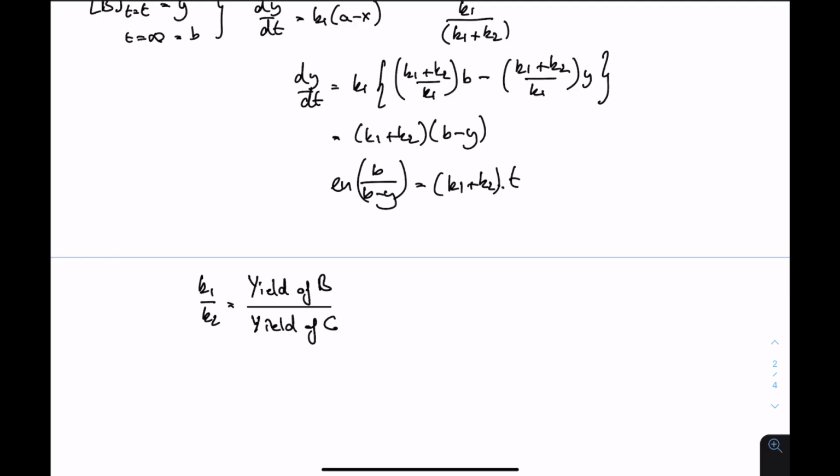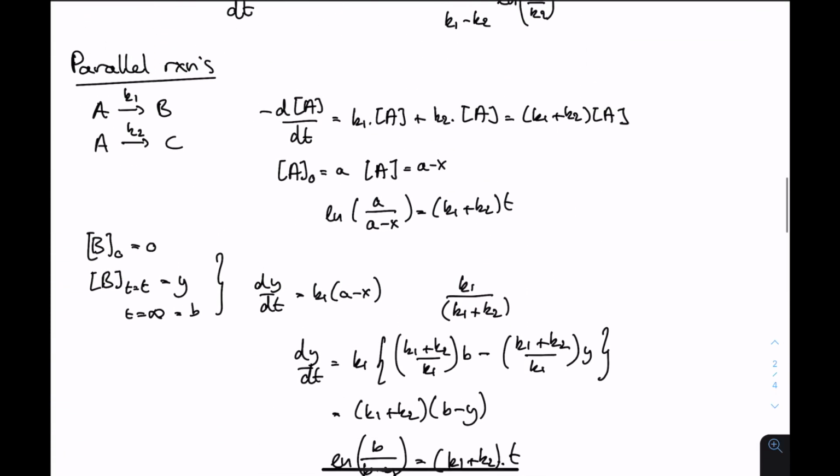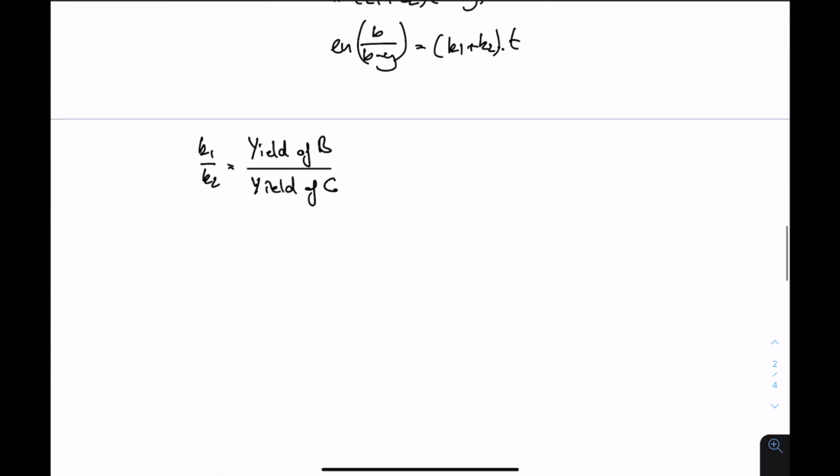Okay, so these are parallel reactions that are both first order, right? So let's consider case 2, where they are not just first order. So we have A going to C with K1 and A plus B going to D with K2.